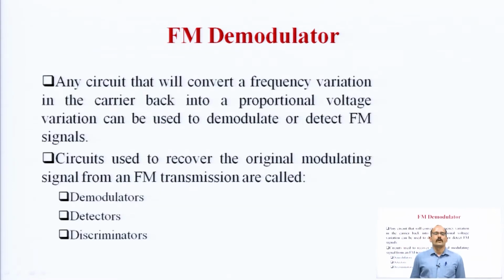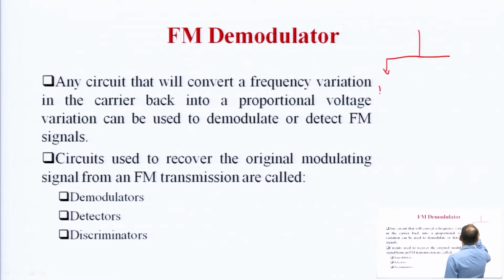As we know, FM modulators are of two types. Similarly, demodulation of an FM signal can also be divided into two types, the same as modulation: direct demodulation or indirect demodulation.